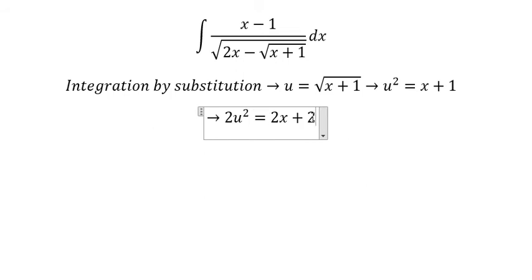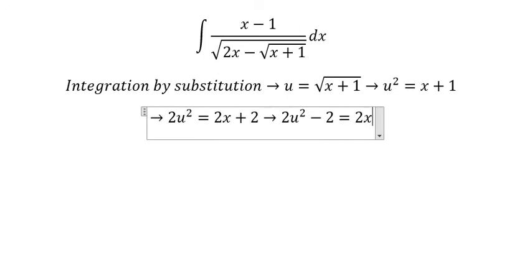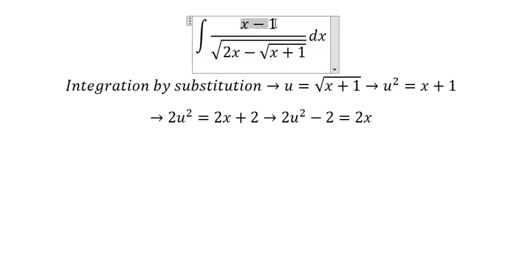Later that we put number 2 on the left. Next we still have x minus 1, but we just concentrate on x in here, so we put number 1 on the left.